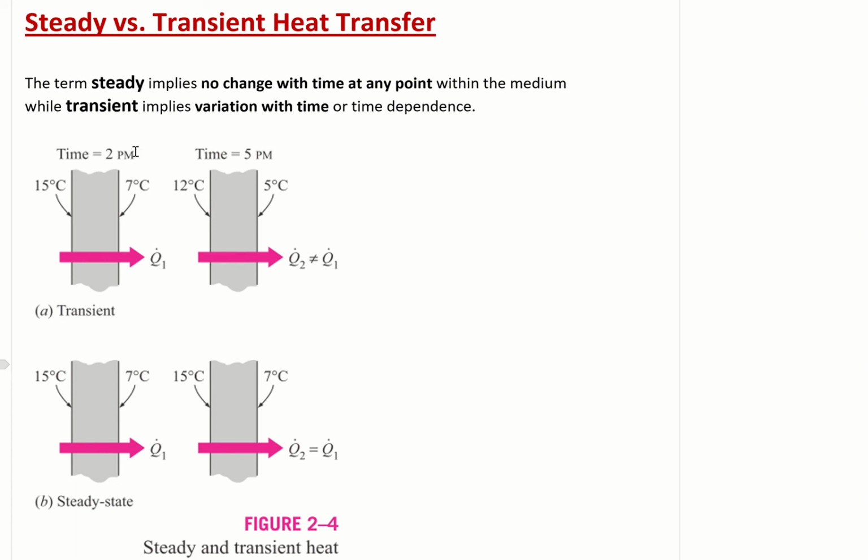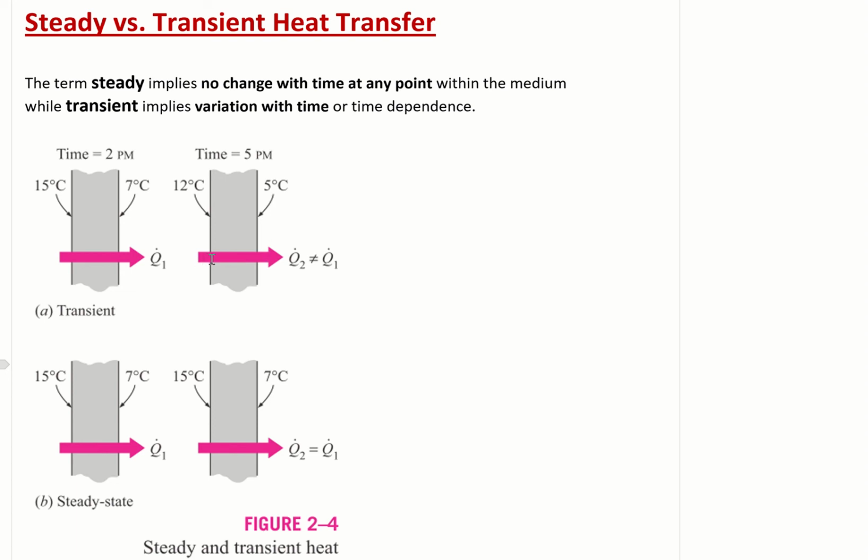So this is at 2 p.m. Again, this one's at 5 p.m. At 2 p.m., there's 15 degrees Celsius outside on this side of the wall, 7 degrees Celsius on this side of the wall, driving heat transfer through the wall. But at 5 p.m., the temperature's changed. Now it's 12 degrees Celsius on this side of the wall and 5 degrees Celsius on this other side of the wall.